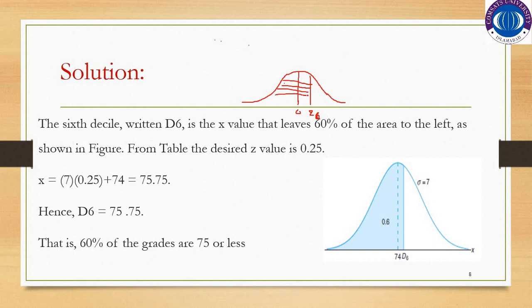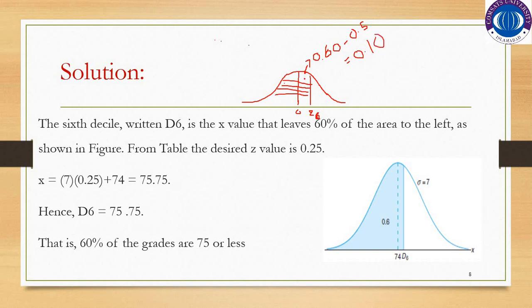But we want the area between the mean and Z6. We subtract: 0.60 minus the area below the mean, 0.5, equals 0.10.